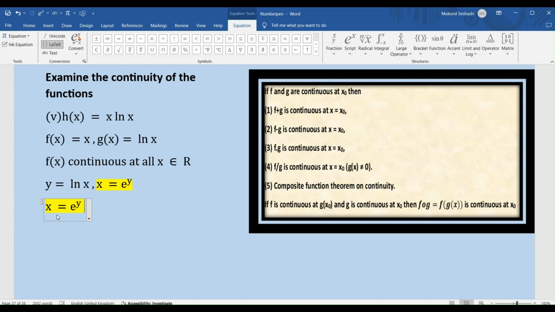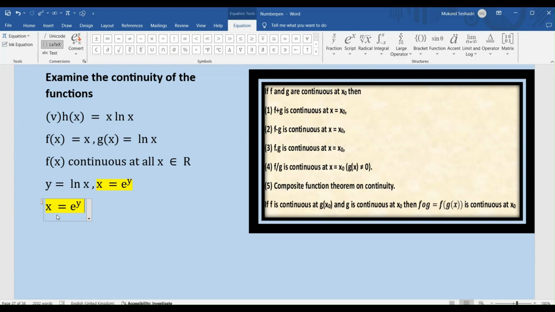It can be any number, be it positive or negative, but it has to belong to R, right? And as long as it belongs to R, which is the set of real numbers, we know that e to the power y is finite, right?